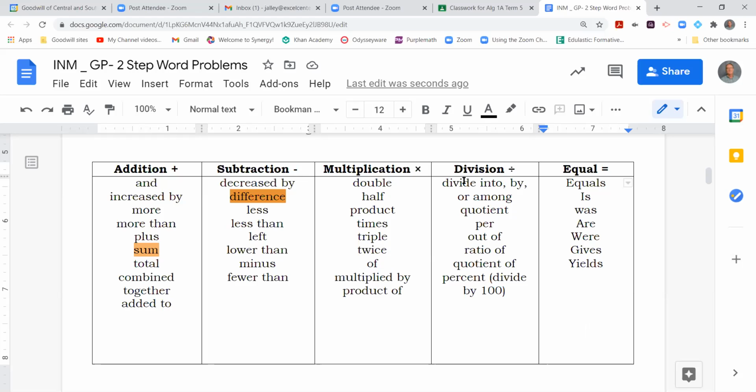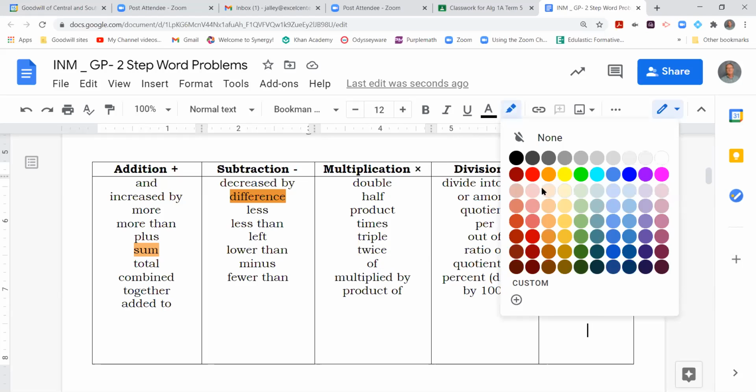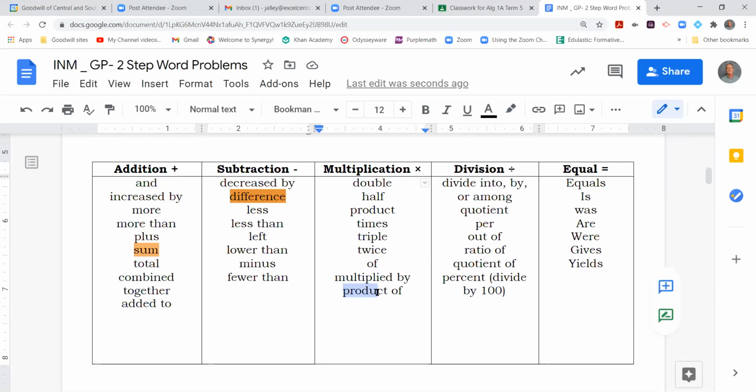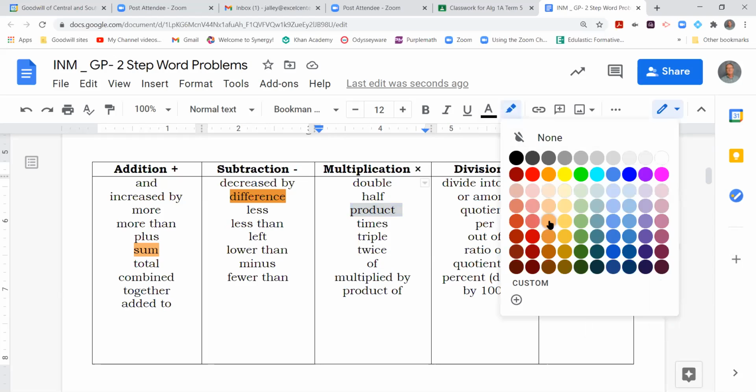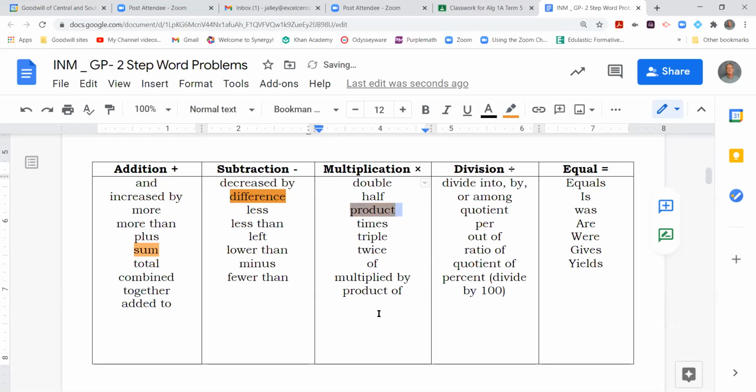The multiplication and division columns work kind of the same way. Here, I'll put this one highlighted. When we're doing multiplication, we get a product. This is another part that I like about this kind of stuff: how can double and half both be multiplication?